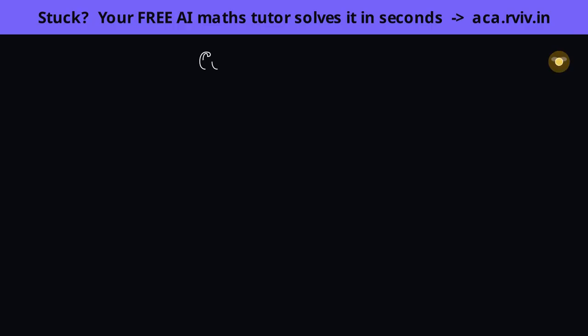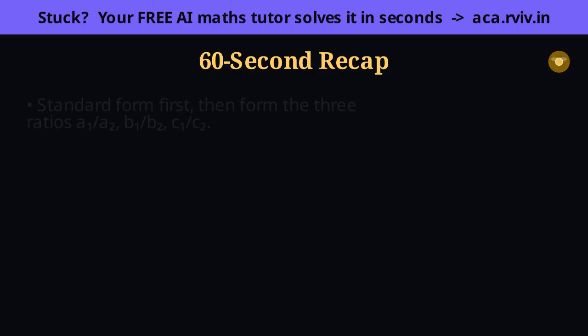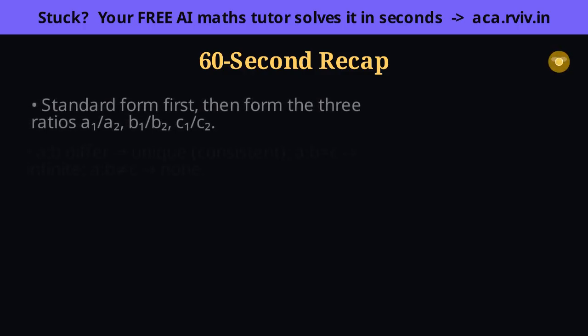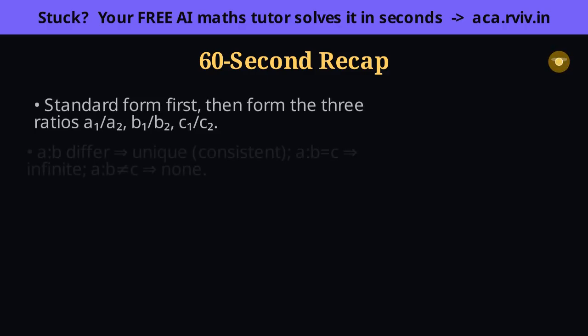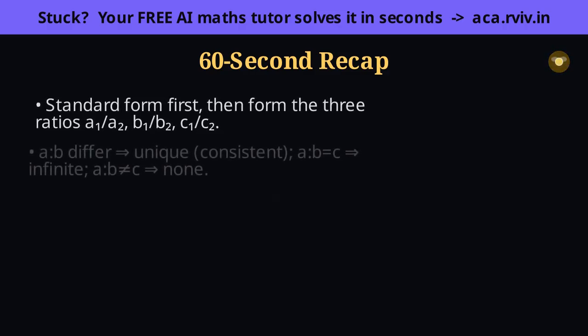In 60 seconds, and remember the one picture under it all: two equations are two lines, and the solution is where they meet. Put the pair in standard form and form the three ratios, which are really comparing slopes and heights. If A and B differ, different slopes, a unique crossing. If all three are equal, the same line, infinitely many. If A and B match but C doesn't, parallel, none at all.